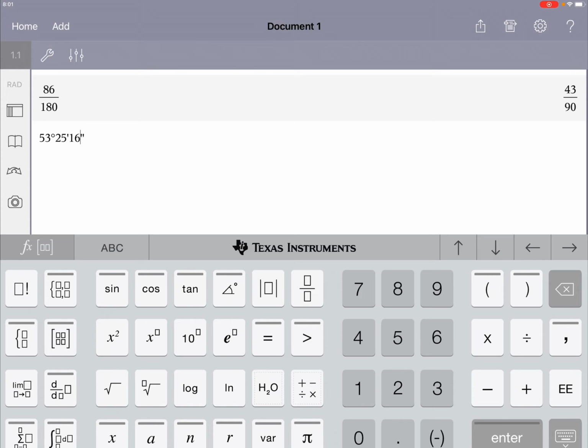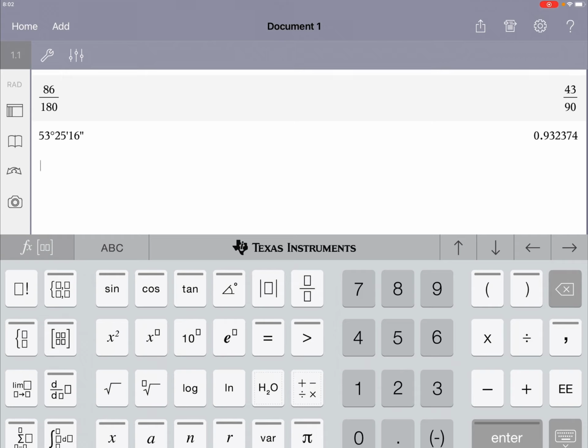Now, of course, on your own TI-inspired calculator, it may not be so convenient because you have to press the degree button for a couple of times to get the degree, minute, and for the second symbol, you would have to do the minute symbol twice. Now, how do we get the answer? We actually do it by approximating. So on your calculator, you would do a Control-Enter. And now I got something like this.